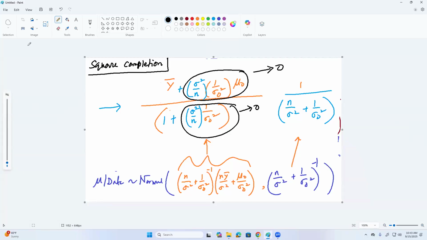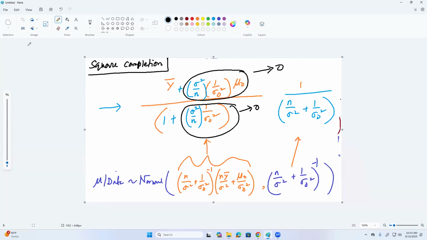But if we have a huge data set in the current data set, then we do not need the prior distribution to speak unless we have a specific reason. And if we really want the prior to speak irrespective of the sample size, then we can do what? We can reduce the prior variance.